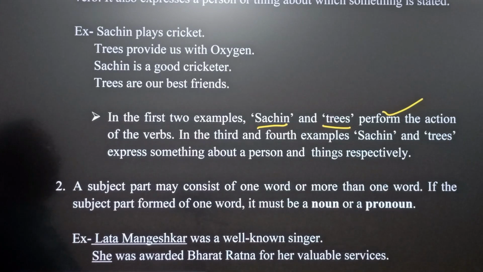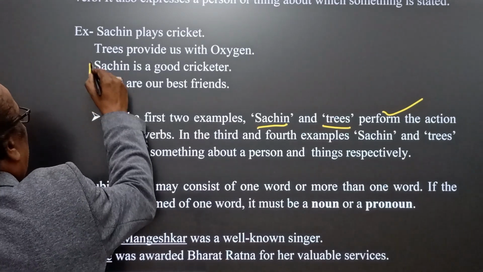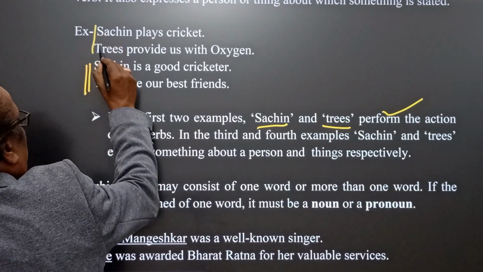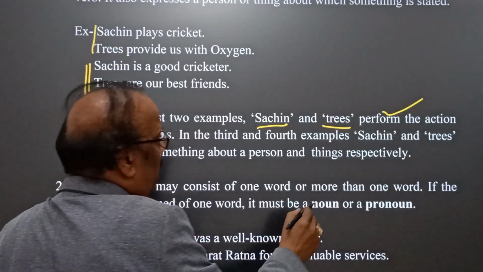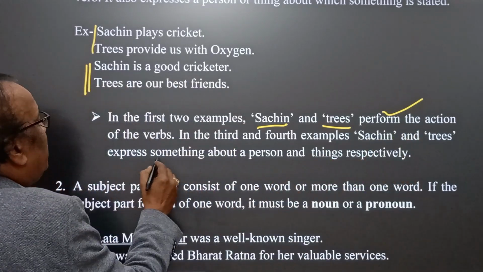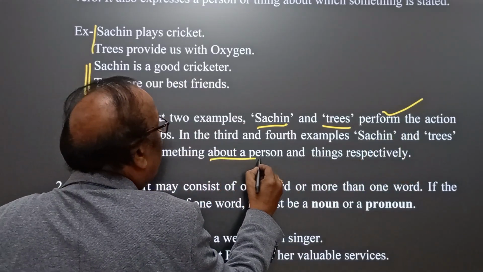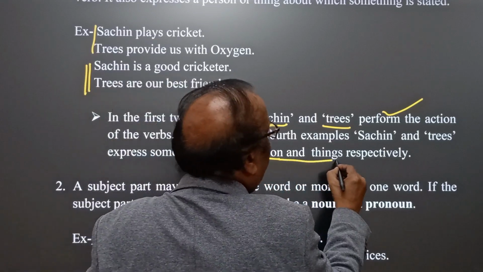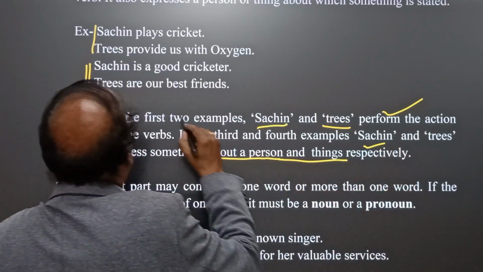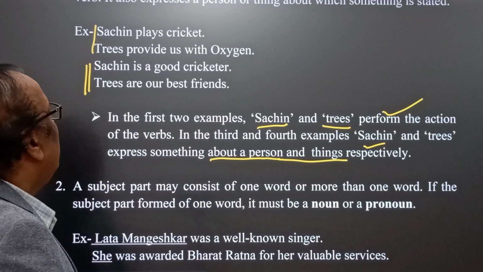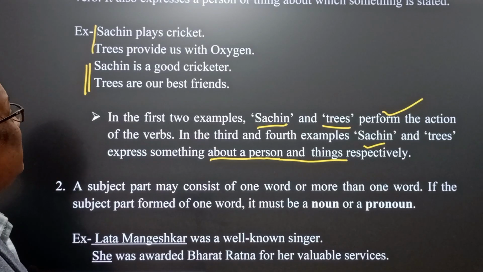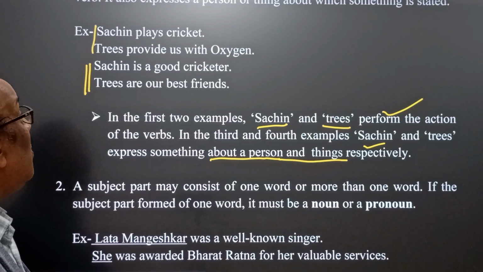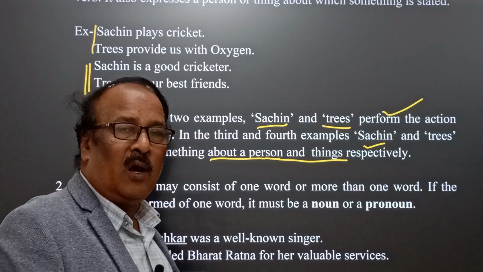But in the third and fourth, Sachin and trees express something about a person or things respectively. Sachin indicates the person who is a good cricketer, trees which are our best friends.